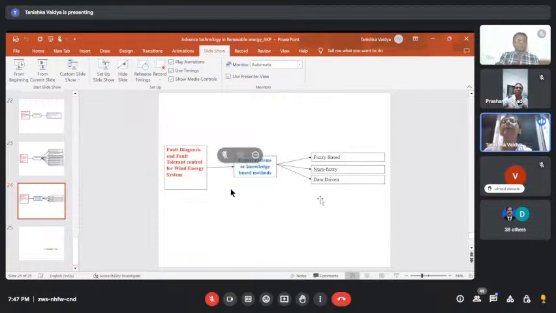Basically, lightning is one of the major reasons that structural failure may occur, and storms are another reason where structural failure may occur. So if these failures are taken care of while designing the wind turbine itself, and if good research is done in this, then we can have wind turbines of more than 10 megawatt capacity.